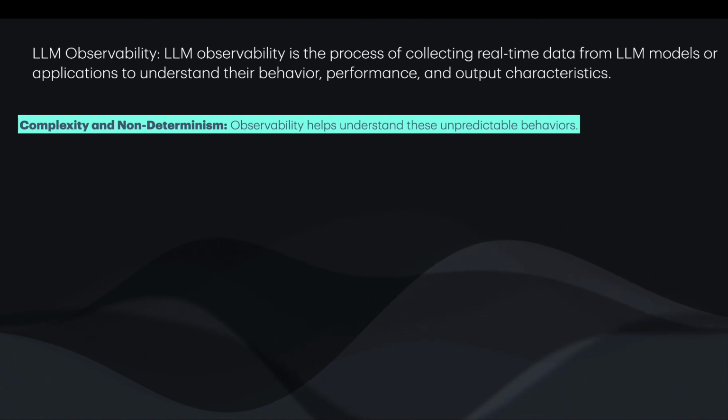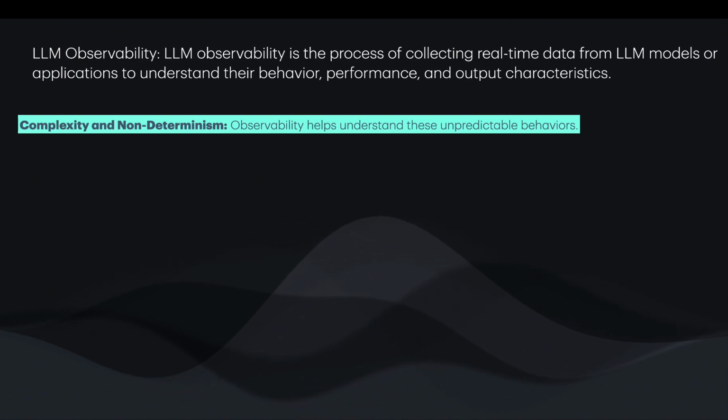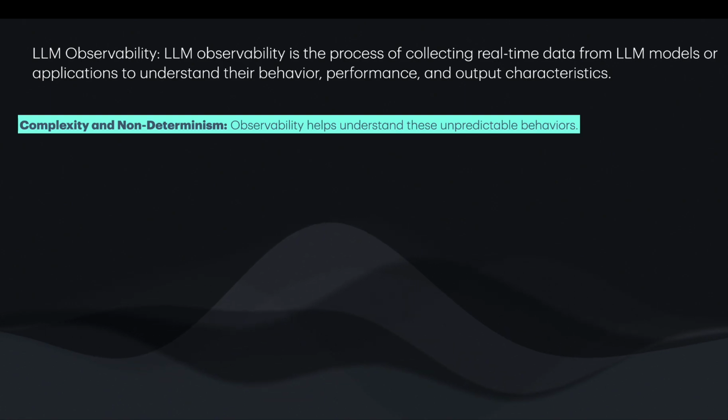This is due to the probabilistic nature of the LLM. The observability piece, which we will cover in this series, will help you understand this unpredictable behavior, and also help you remove some part of the non-deterministic nature of your LLM applications.